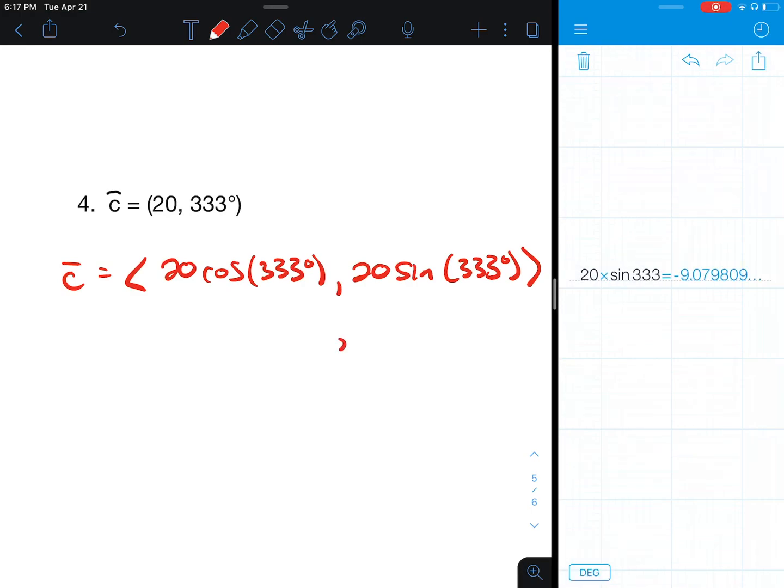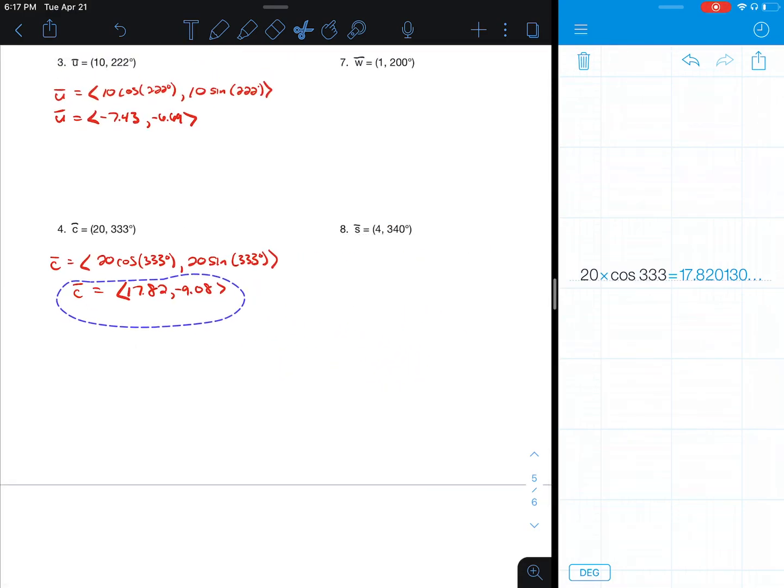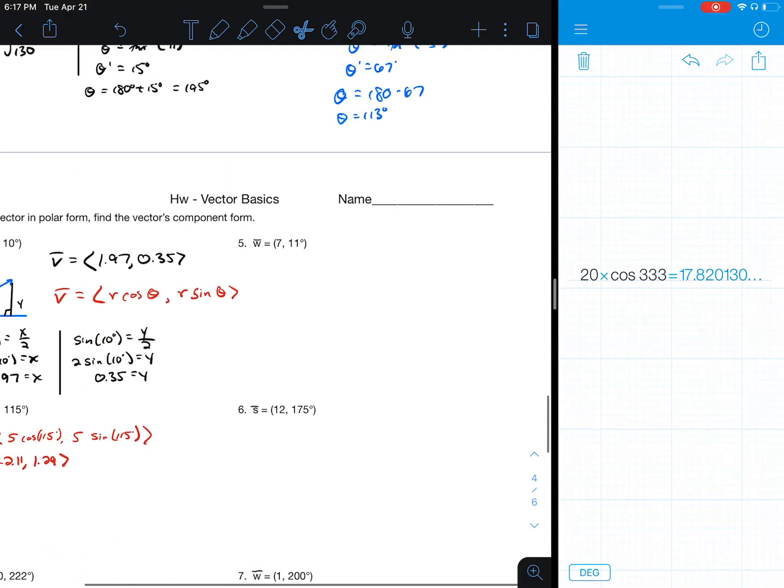Sine of 333, that's negative 9.08. 20 cosine of 333 is 17.82. This is in quadrant 4. We're going right and down. Our signs are correct. I always like to check those because sometimes calculators can do weird things with trig functions.